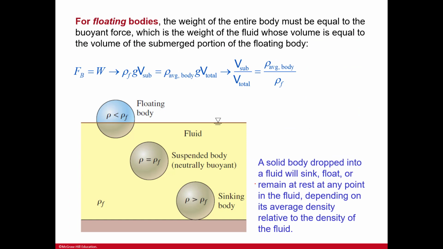For floating bodies, the weight of the entire body must be equal to the buoyant force. So what is displaced is the upward force, so the weight of the body must be equal to this force for it to float, which is the weight of the fluid whose volume is equal to the volume of the submerged portion of the floating body. So this is when they're equal.